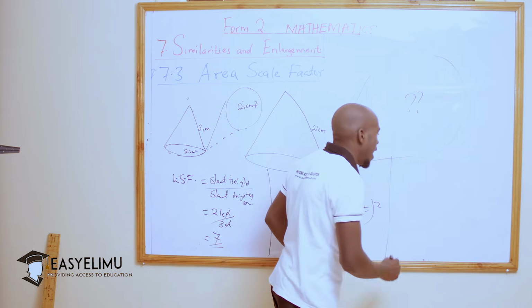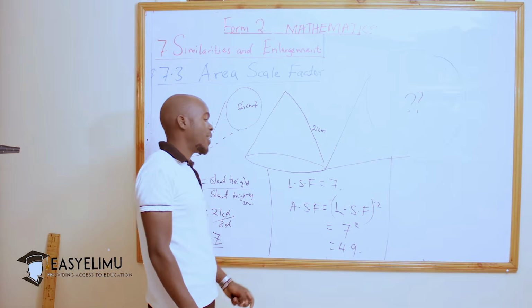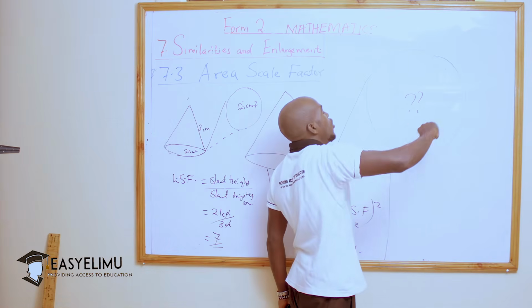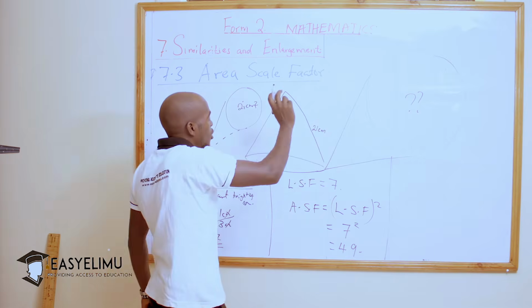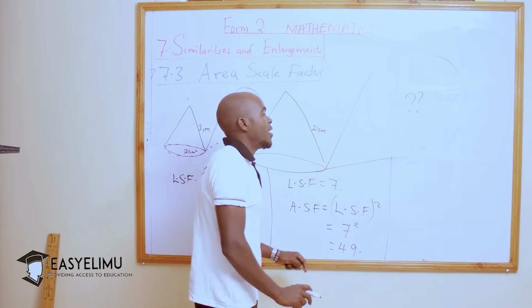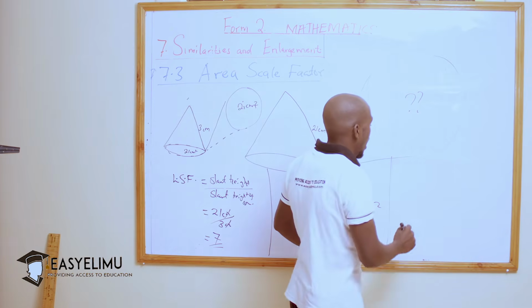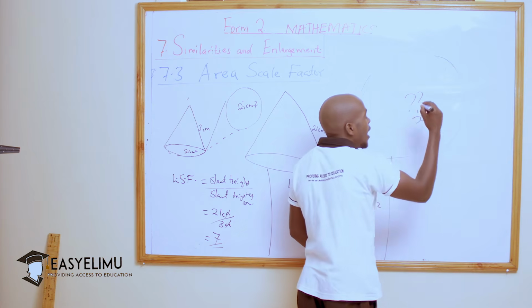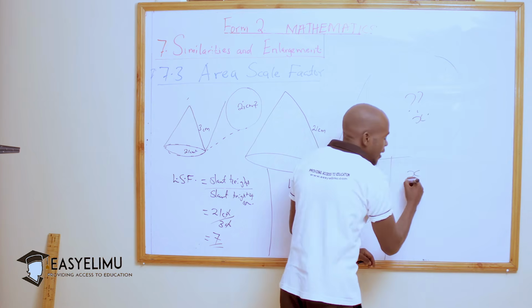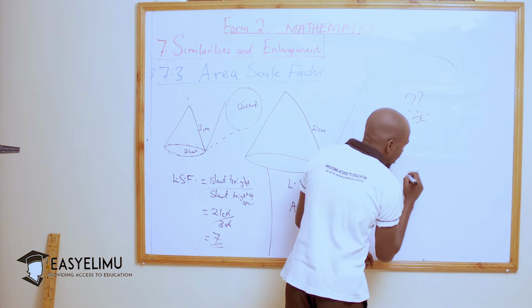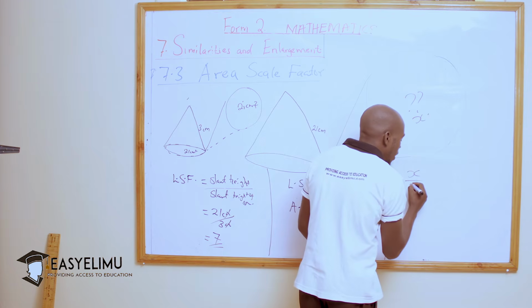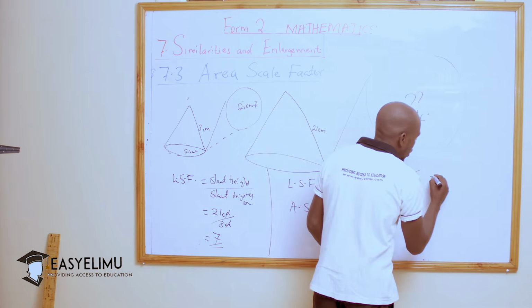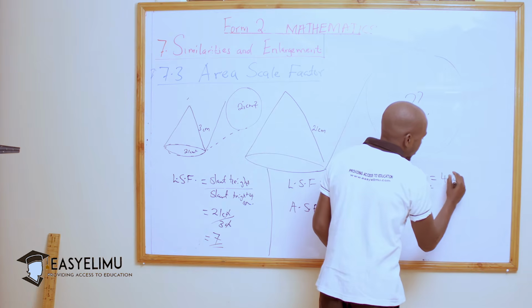So using 49 as the area scale factor, you can find the area of the circular base of the cone here. To find the base, you will say let this area be x, and if you take the ratio of that area over that of the base of the smaller cone, you should get 49.